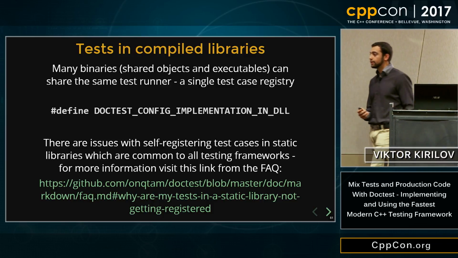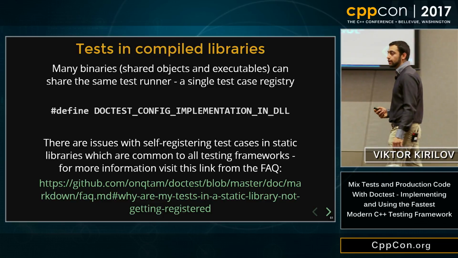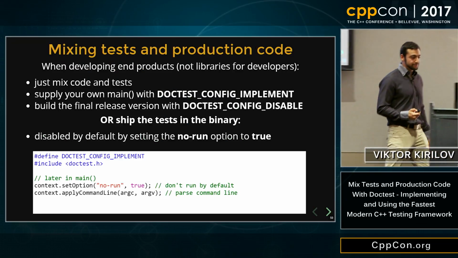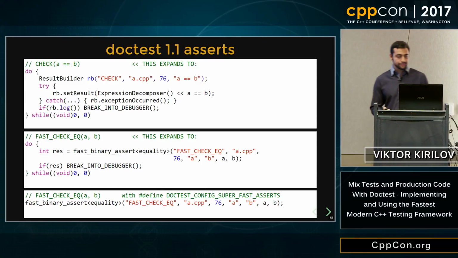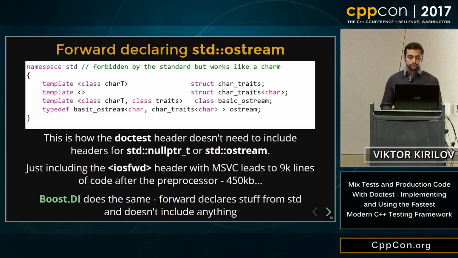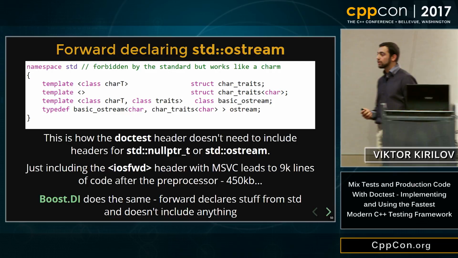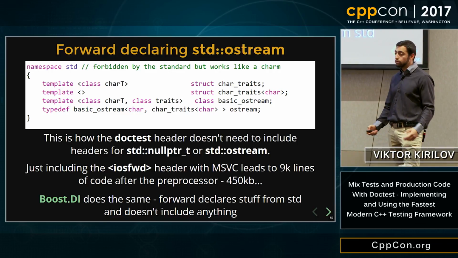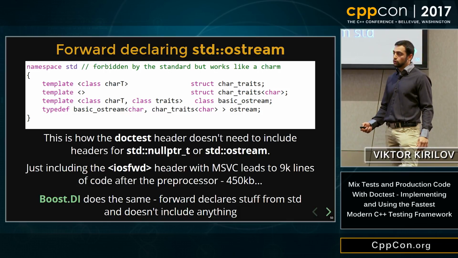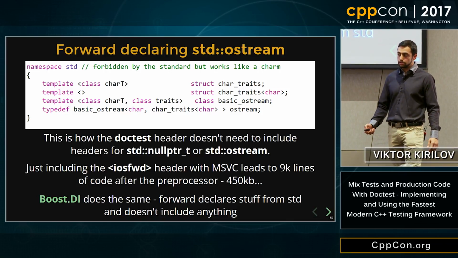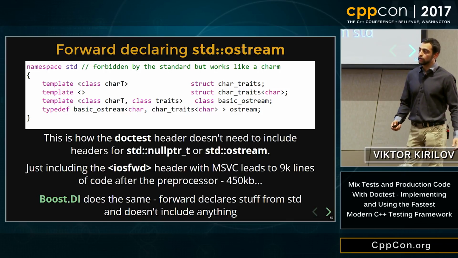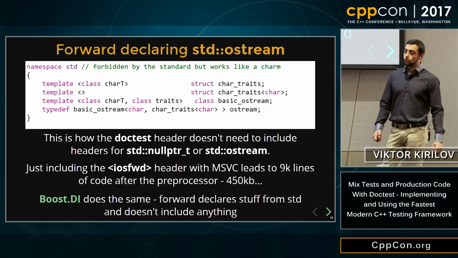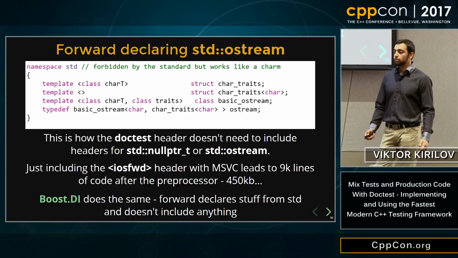Hi, I was really curious about your use of forward declares and how you're avoiding header includes in general. I was wondering if you could elaborate a little more on that. You kind of alluded to it in one of your first source code slides. So the question is if to elaborate on the forward declaration stuff from the std namespace or in general? Well, in general, because you would also have some from your own source code, right? Yeah, so in the interface of the library, there are a bunch of macros.